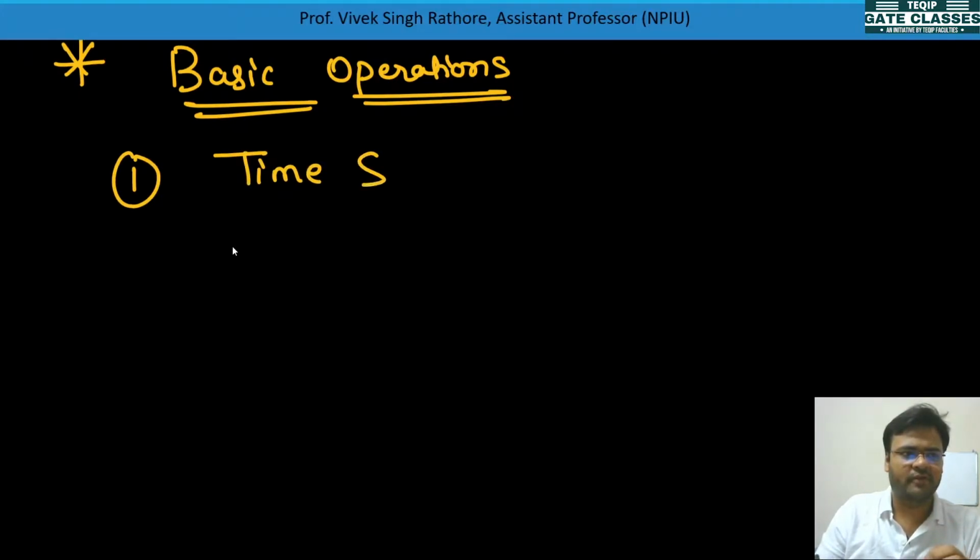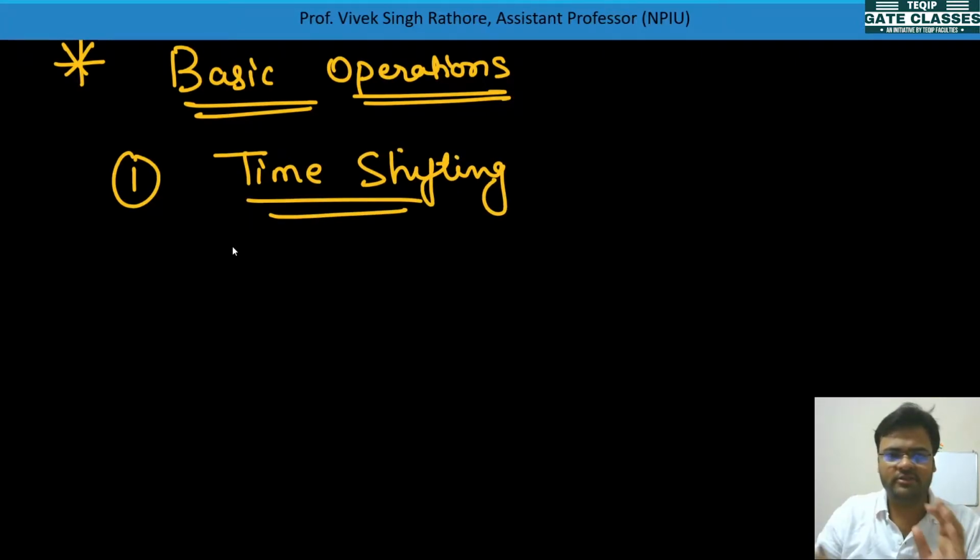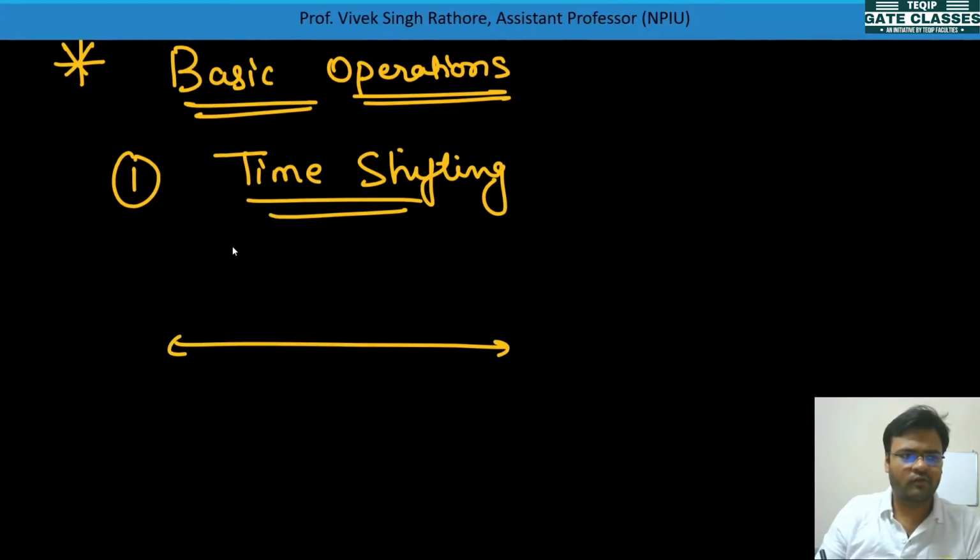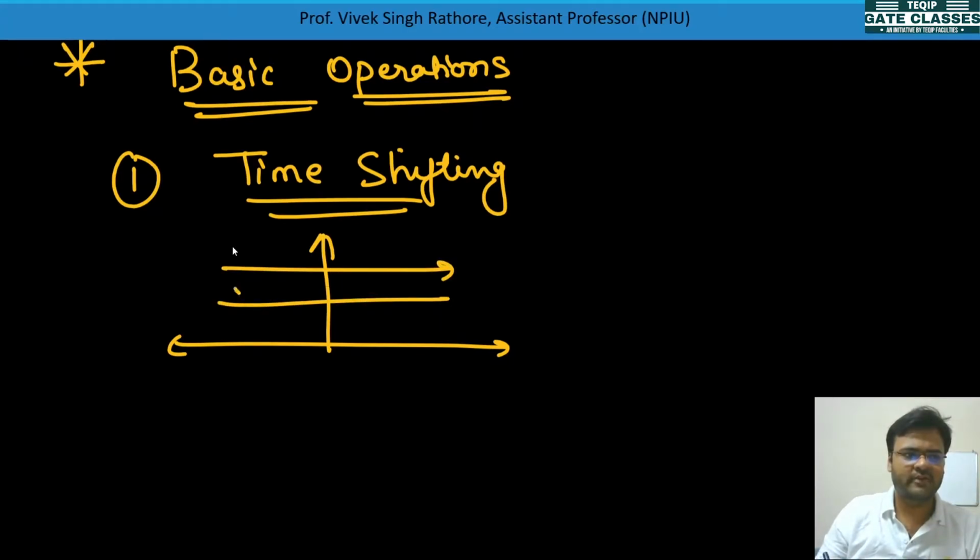Time shifting. So what is time shifting and how do we do it? The name suggests that in the time domain we are shifting a signal either towards the right-hand side or towards the left-hand side. These are the two possible ways we can shift.